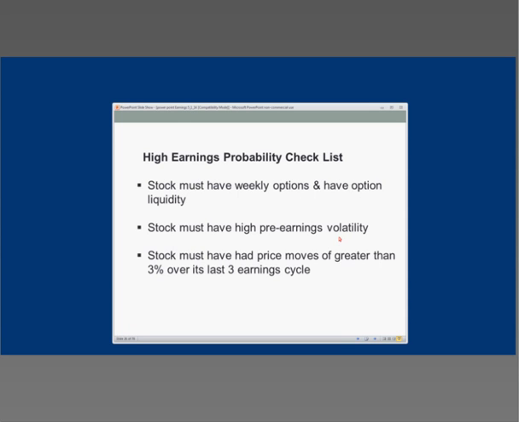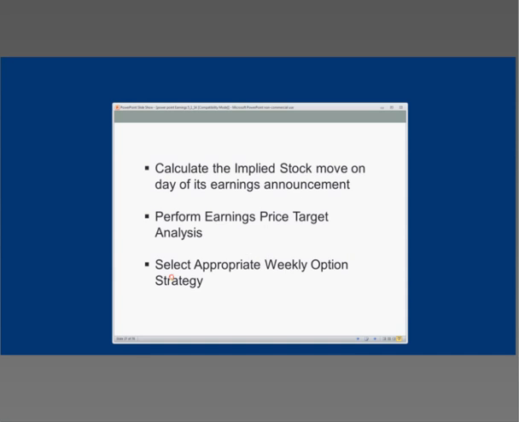I usually look at 5 earnings cycles at least, but 3 to 5 earnings cycles. And so I'm filtering for something that's going to move over 3%. Now there are exceptions, because Apple, sometimes you'll see earnings where it doesn't move over 3%, but I'll still usually do something on Apple.